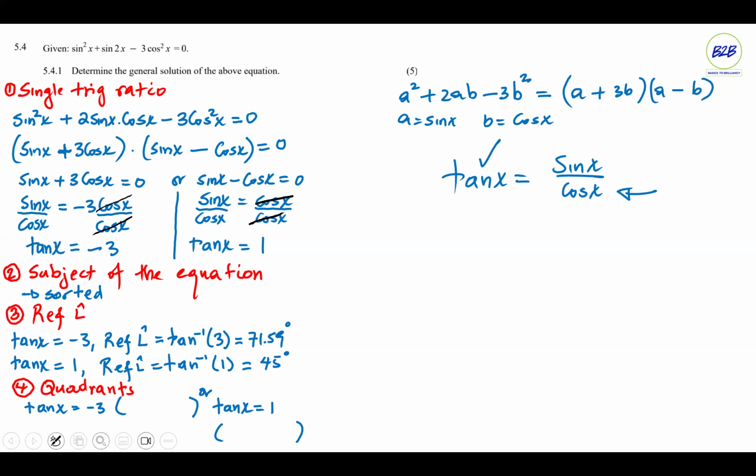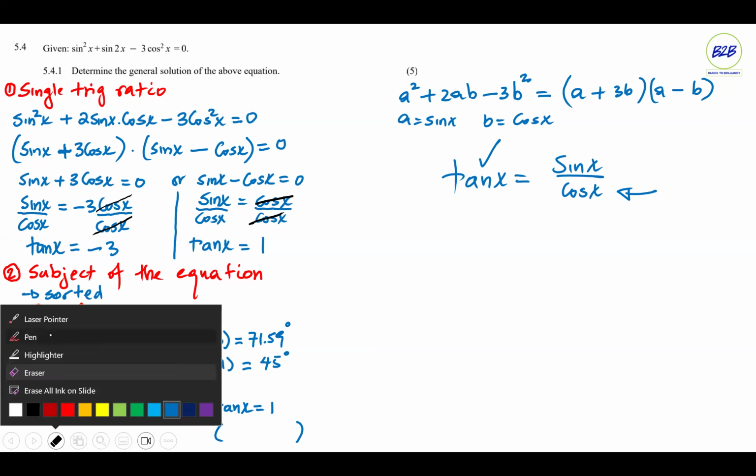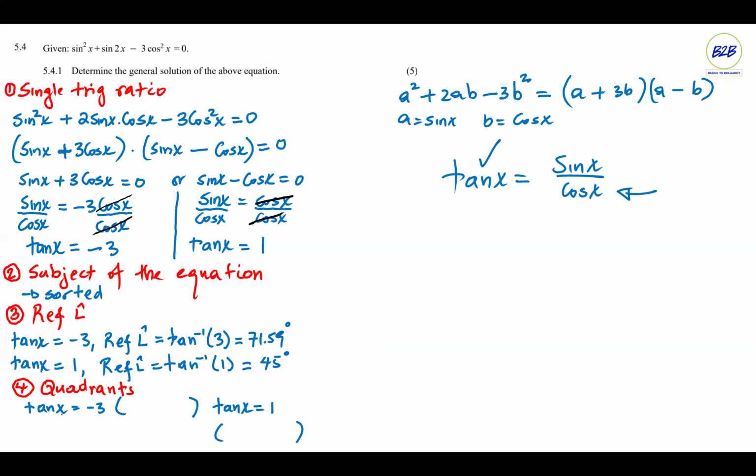All right. So what we are then going to say to ourselves is tan of x is equal to -3. So that means tan is negative. Then tan is negative on which quadrants? On the second and on the fourth quadrants.